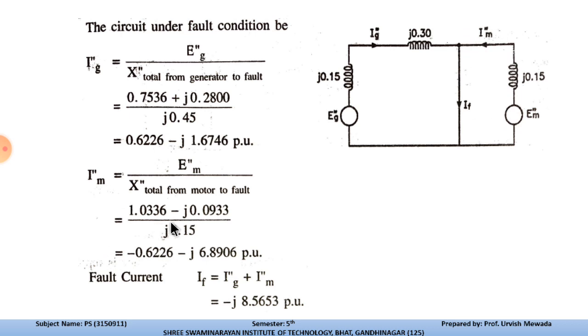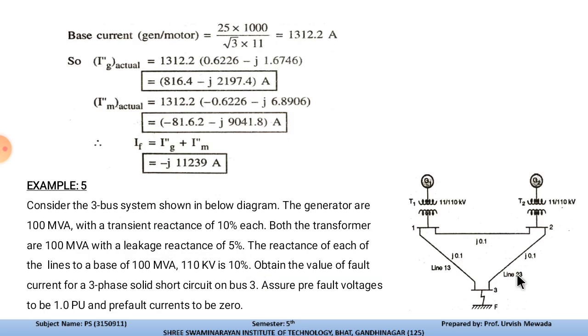After solving, IM double dash is minus 0.6226 minus j6.8906 per unit. The total fault current IF is IG double dash plus IM double dash, which is minus j8.5653. This is how we can solve the example for the given system.